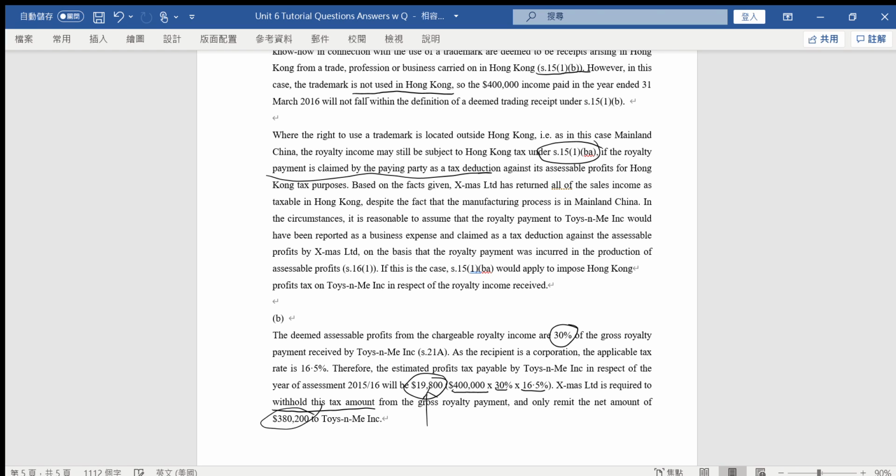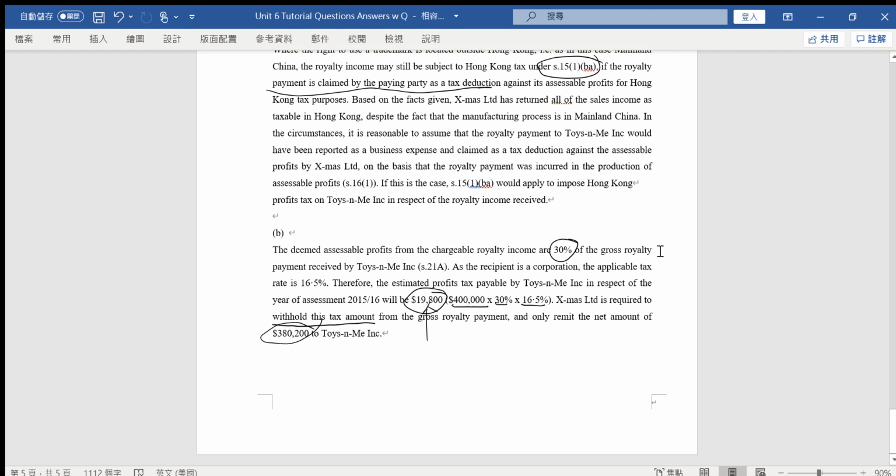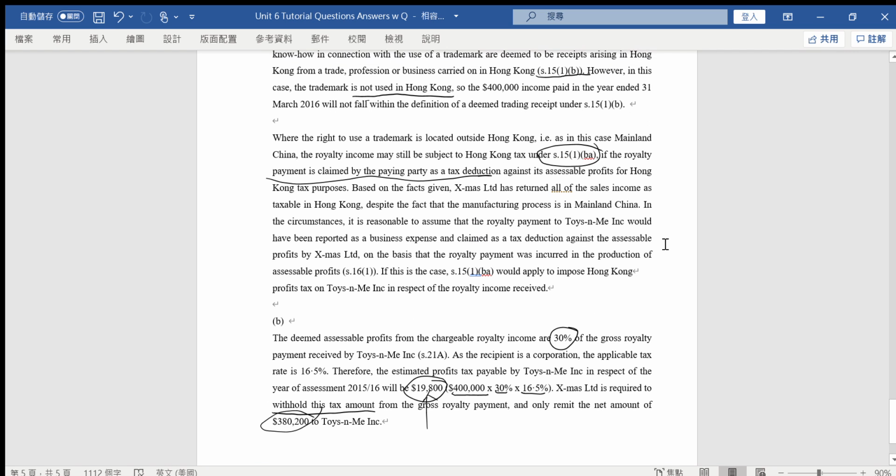This amount will be paid by the Christmas company on behalf of TME to the Hong Kong government. That is the tax requirement. By the ordinance, the Hong Kong company is required to withhold the tax payable on behalf of TME. That is all the discussion on the question of Unit 6. If you have any questions, you may ask me through the chat room.